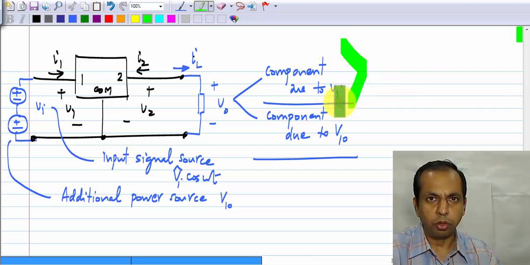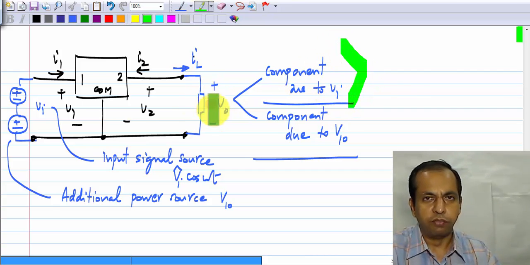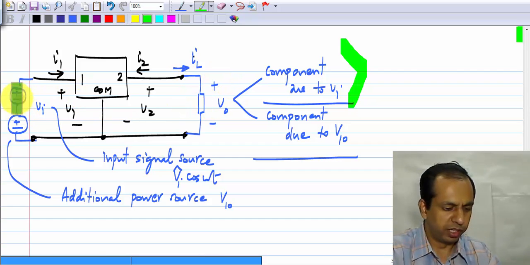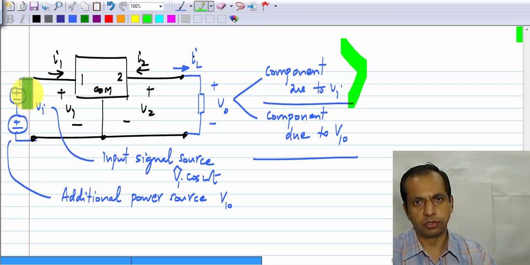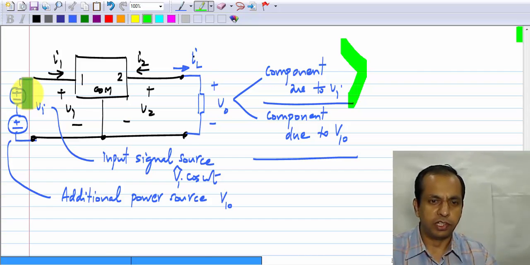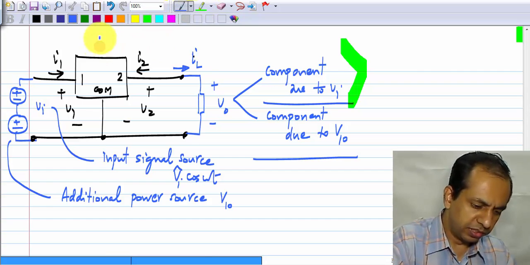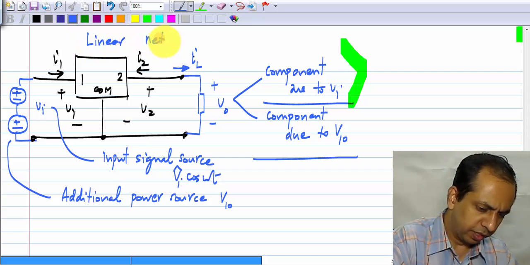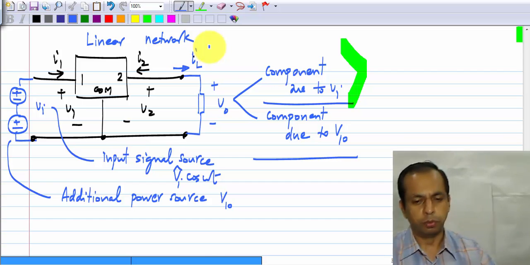So, the component due to Vi in the load, if it has more power than what is being fed from the left side, what is being delivered by the input source. Okay. And the answer, it turns out that it cannot, and the answer is very simple. Okay. Because this is a linear network, superposition applies.